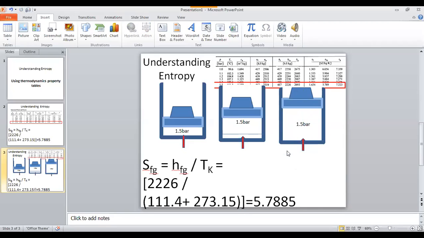So here, at 1.5 bar, the last water droplet has just evaporated.